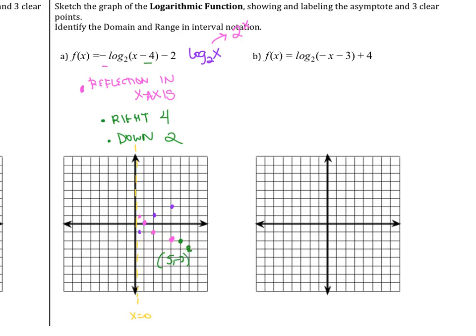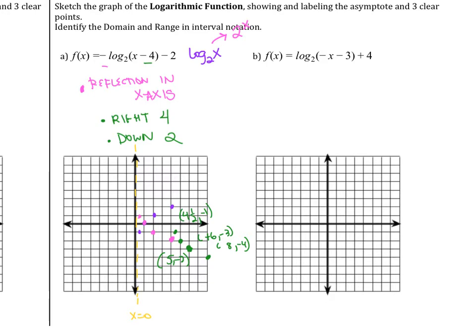Here, right 4, down 2 is here, and then that last point is there. So this one is 8, comma, negative 4. We have 5, negative 2. This is positive 6, negative 3, excuse me. And this is 4.5, comma, negative 1.